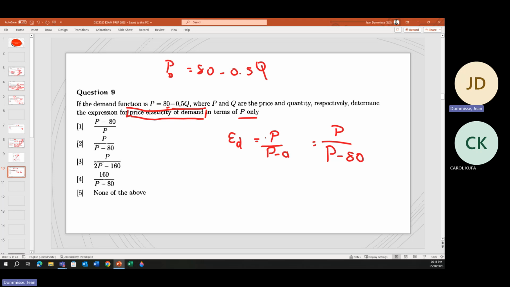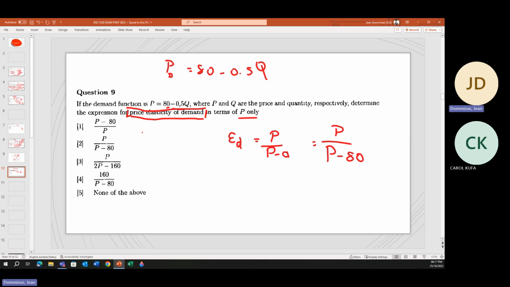Because they say in terms of P only, we don't want to bring in a Q or anything like that. It needs to be for price only. So again, just be careful between the different price elasticities, so that you know which one to use when.